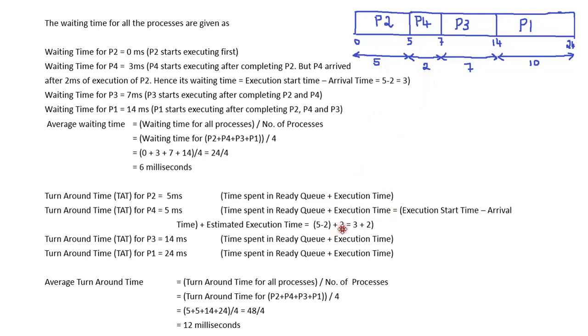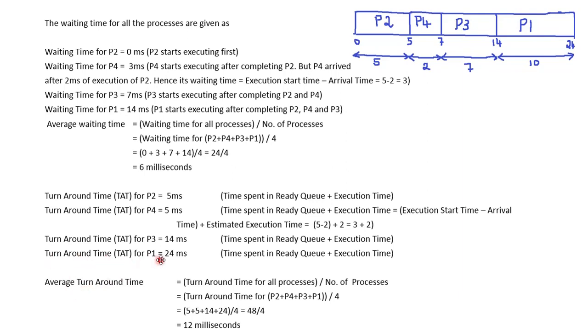So that is added to the waiting time, that is 3. 3 plus 2 will be 5 millisecond. Turnaround time for process P3 is 14 millisecond. Time spent in the ready queue for process P3 is 5 plus 2, that is 7, plus the execution time of P3, which is also 7. So this is the time spent in the ready queue, and this is the execution time. 7 plus 7 is 14 millisecond.